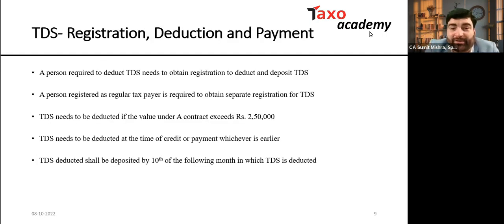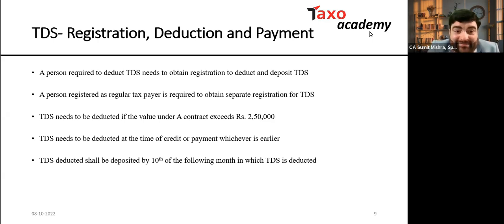So there are certain procedural things: TDS registration, requirement, and payment. TDS registration, since by virtue of section 24, there are certain categories of taxpayers who are supposed to take registration mandatorily. So there is no escape that they can skip the registration.